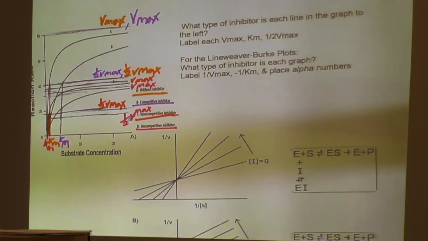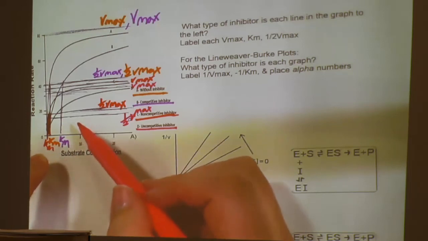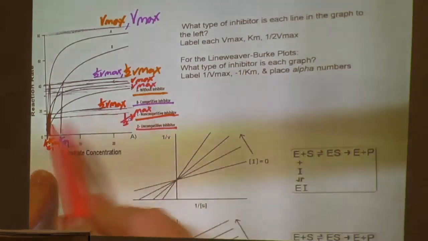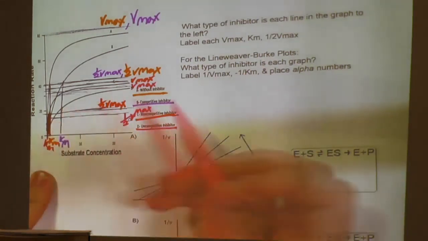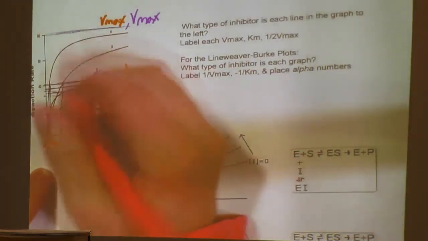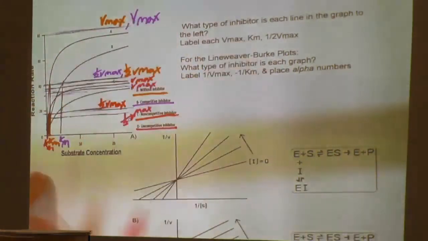Where would your Km end up for the D line? If following the line, our Km ends up here, but I believe it just decreases it, so.